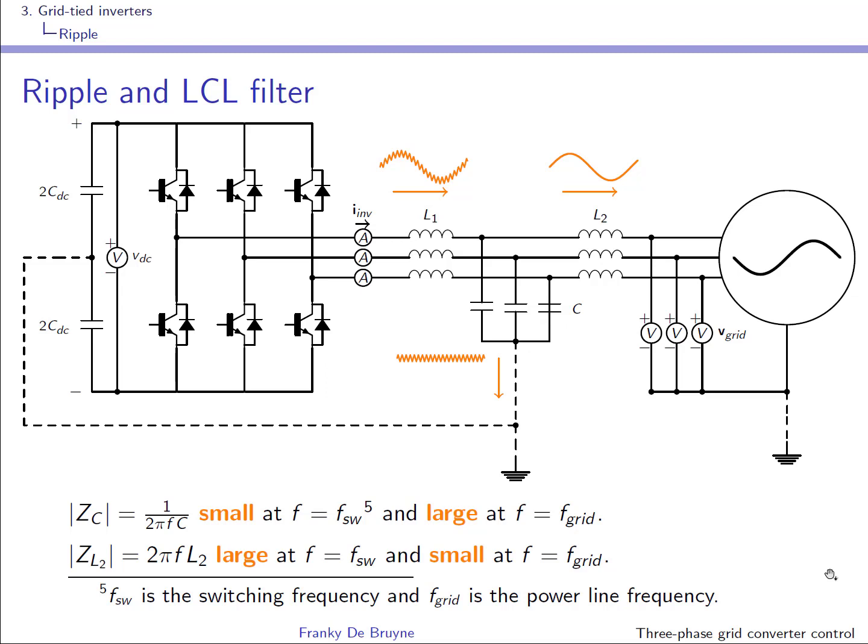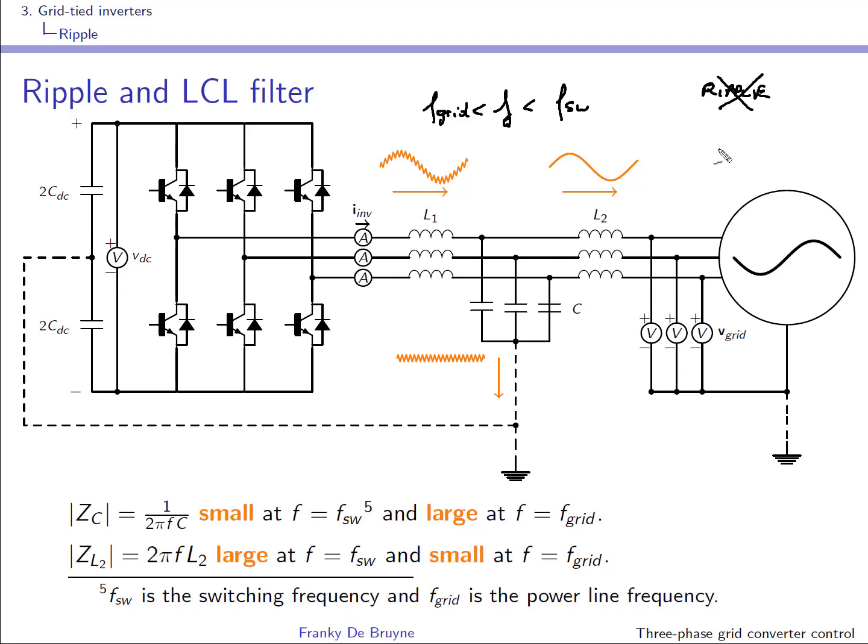Well, we have seen that we want to control our current at frequencies that are of course above the grid frequency and at frequencies that are far lower than the switching frequency. So this ripple that you see here is taken care of by the LCL filter, so it does not enter our control problem, and therefore the ripple will not be considered in our model or in our control problem.